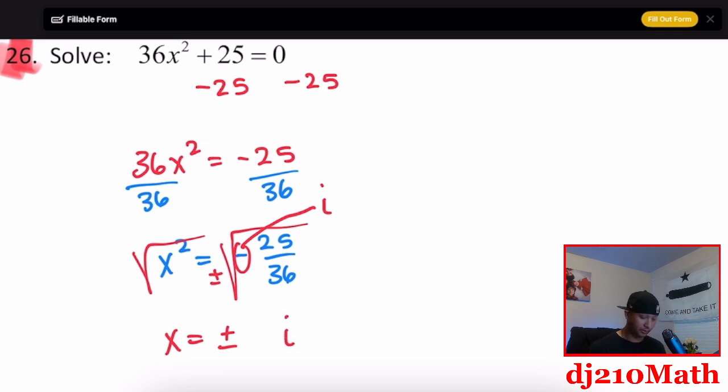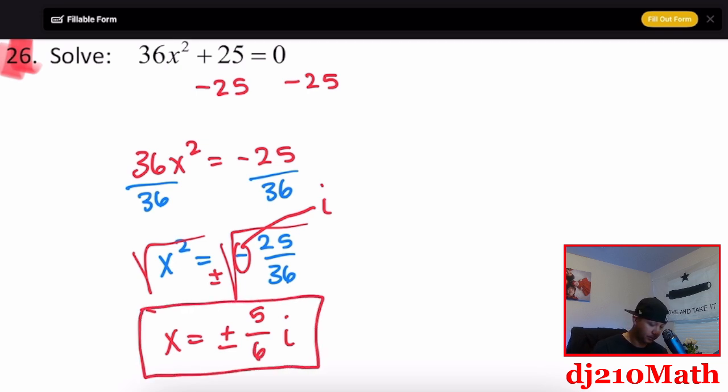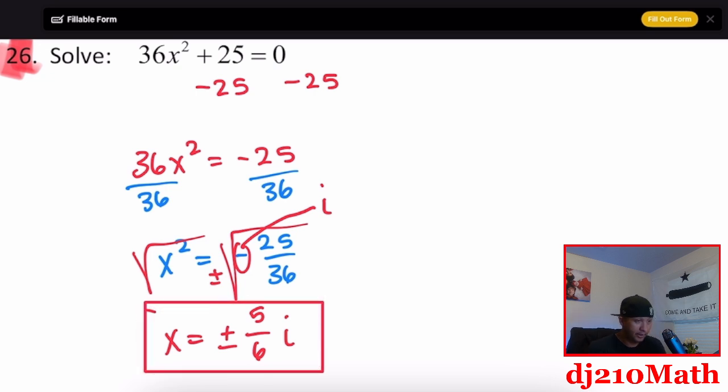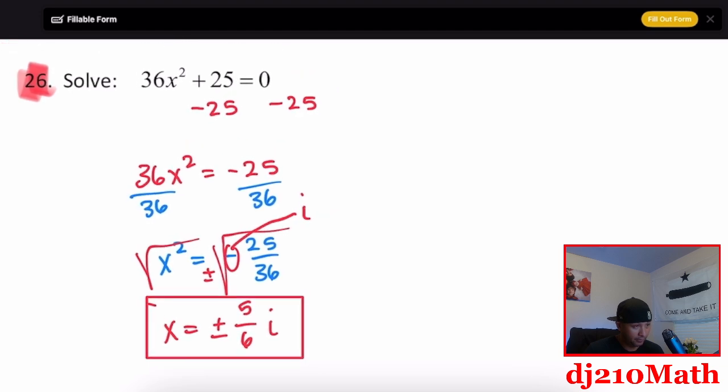And then square root of the top, square root of the bottom. Square root of 25 is 5. Square root of 36 is 6. So we get plus or minus 5/6 i. So definitely going to need to know how to do this.